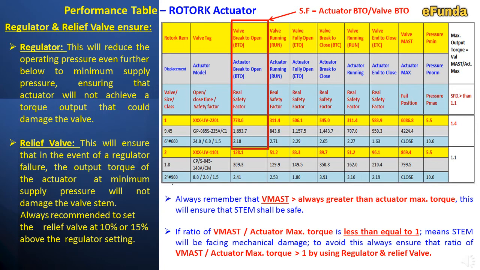Relief valve: this will ensure that in the event of a regulator failure, the output torque of the actuator at minimum supply pressure will not damage your valve stem. It is always recommended to set the relief valve at 10% or 15% above the regulator setting.